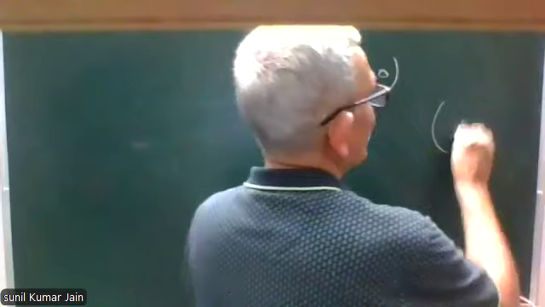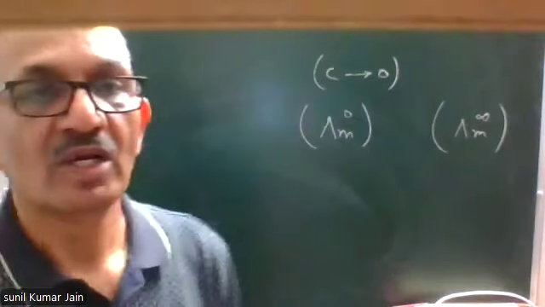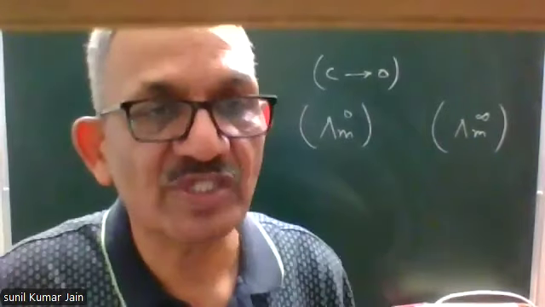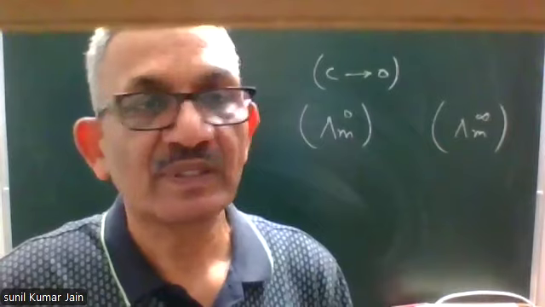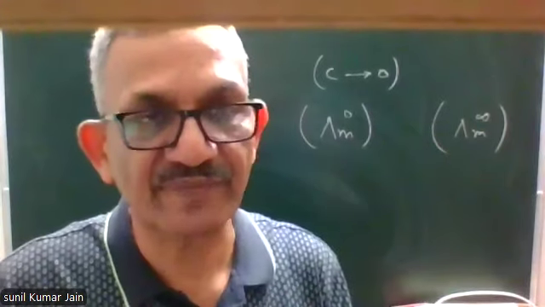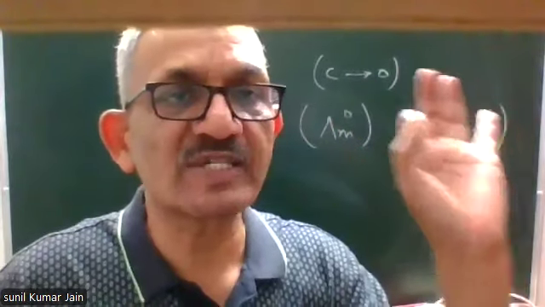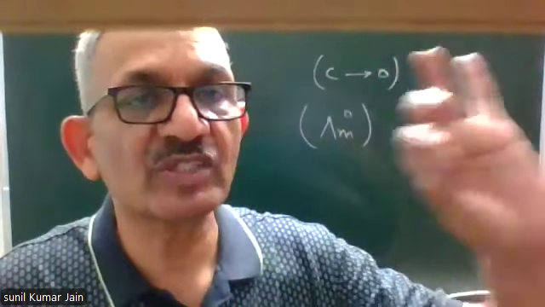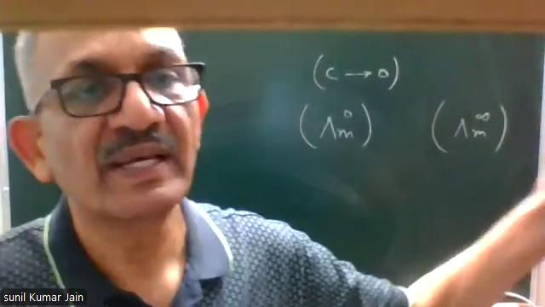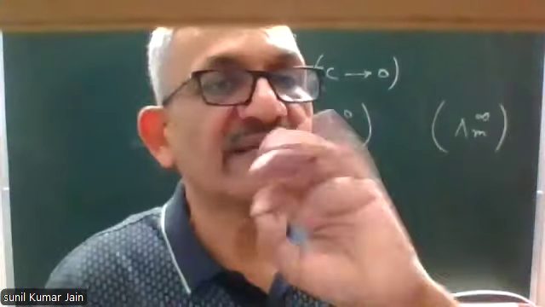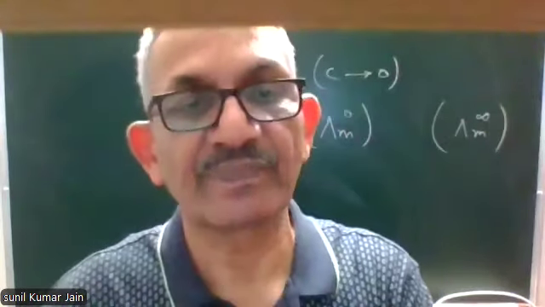Within brackets, write down the symbol lambda m infinity. So whether it is lambda m 0 or lambda m infinity, the meaning is the same; terms are different, symbols are different. In the first term, 0, that is naught, stands for concentration approaching 0. In the second symbol, infinity stands for dilution being infinite.